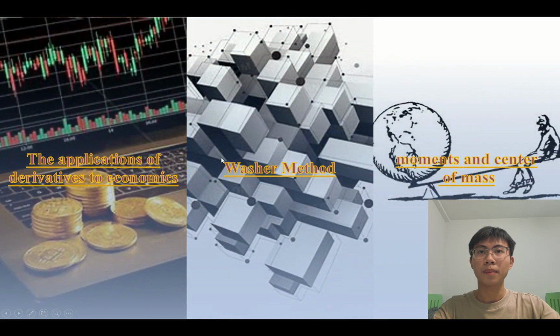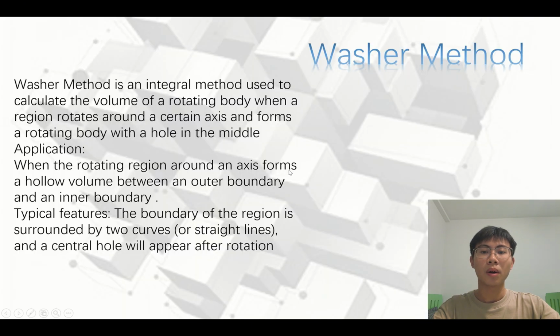Okay, let's see the washer method. The washer method is an integral method used to calculate the volume of a solid when a region rotates around an axis and forms a solid of revolution with a hole in the middle. Let's see the formula.